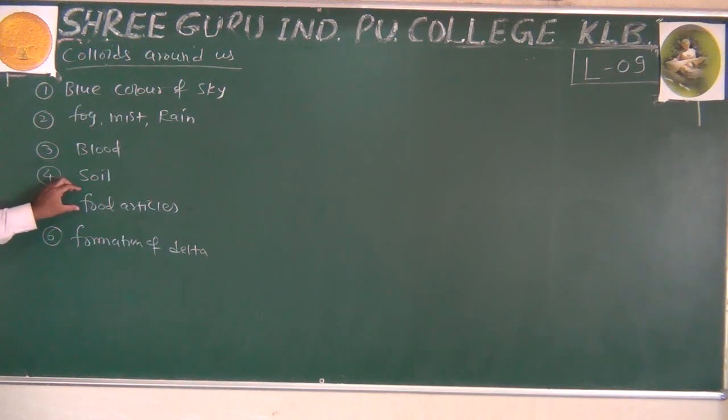So one colloidal part we are consuming, one is present in our body, another is present in our ecosystem. This we see in the upper atmosphere, and this is the geographical formation. So everywhere colloids are distributed.